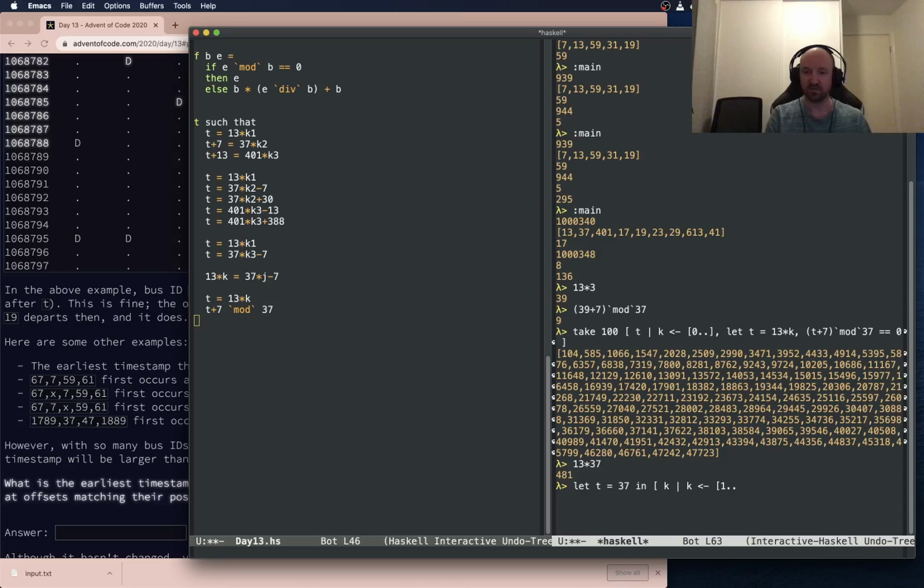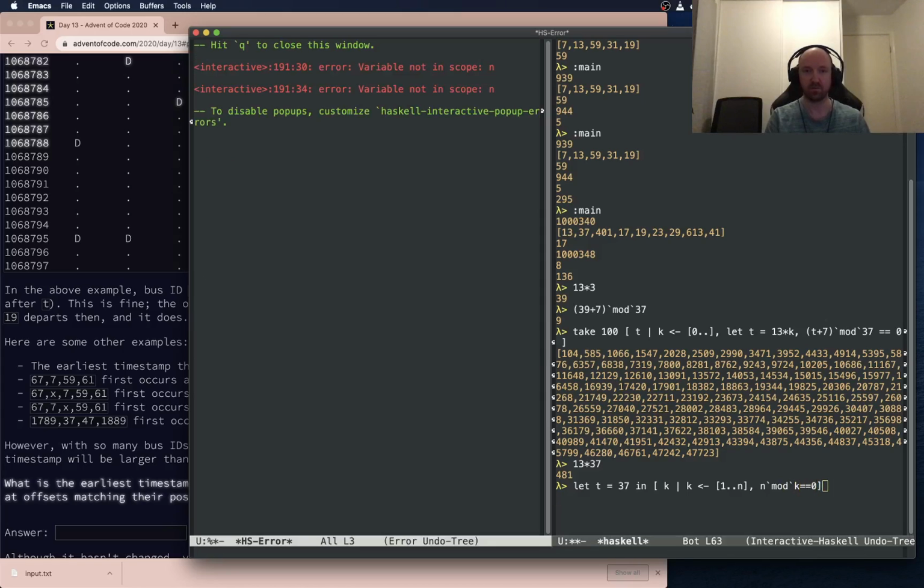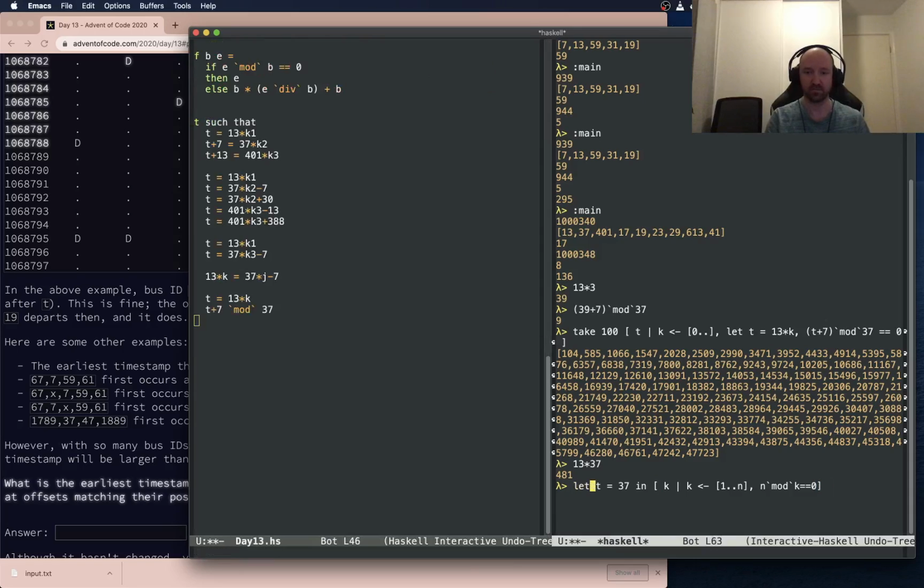Let's find all the factors of n, n such that n mod k equals 0. Oops, didn't like that. Yeah, that's right. And 101 is prime. What was the other thing? 613.